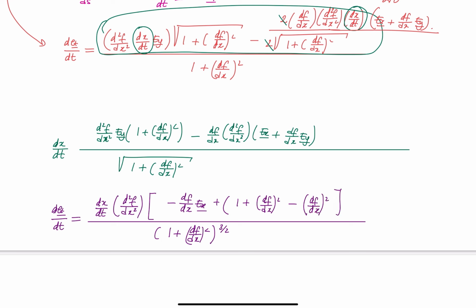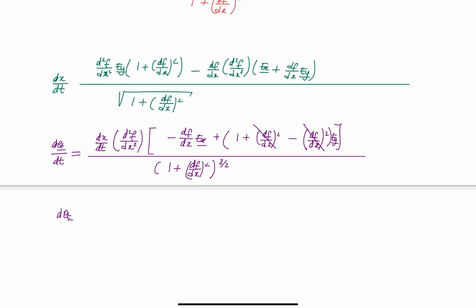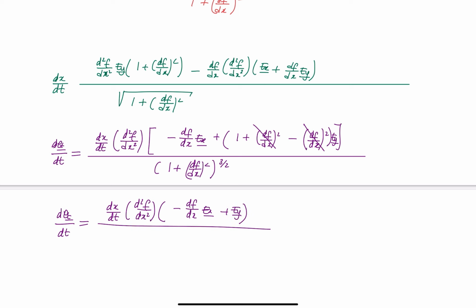Okay, cool. So that's a simplification in our long calculations. So det by dt is dx by dt, d squared f by dx squared, minus df by dx ex plus ey, over 1 plus df by dx squared all to the power 3 over 2.